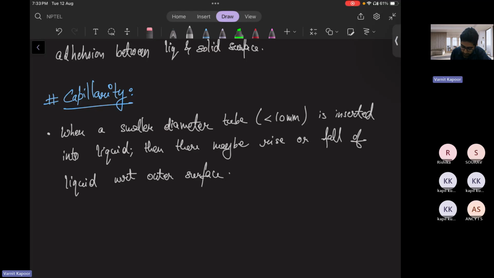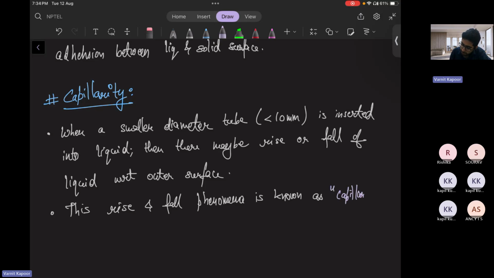And this rise and fall phenomenon is known as capillarity.